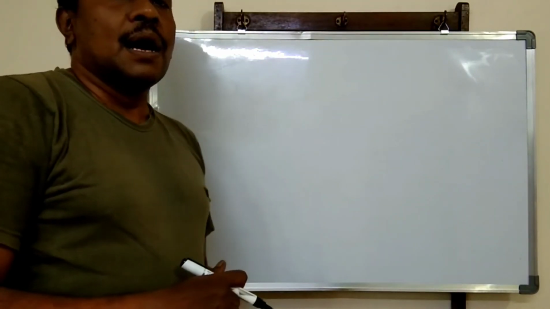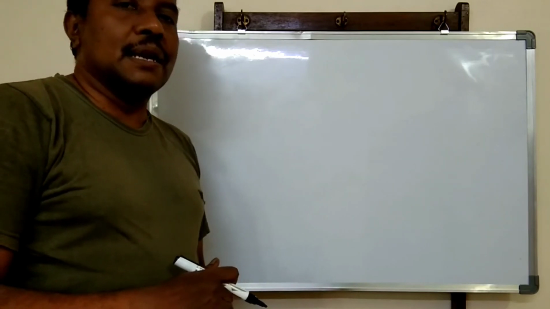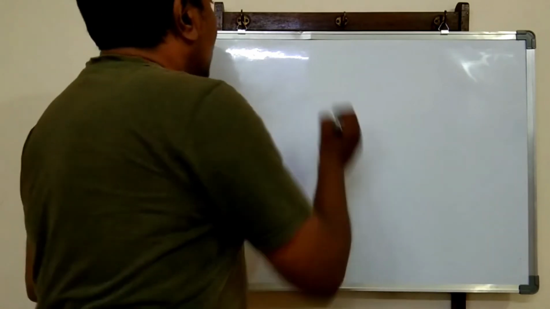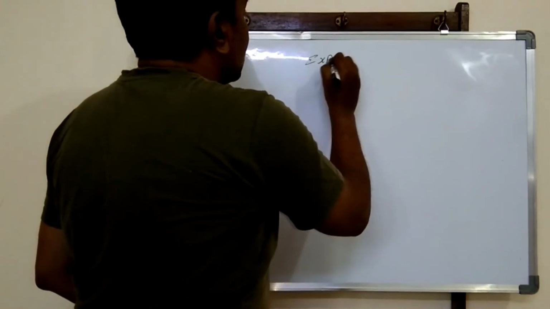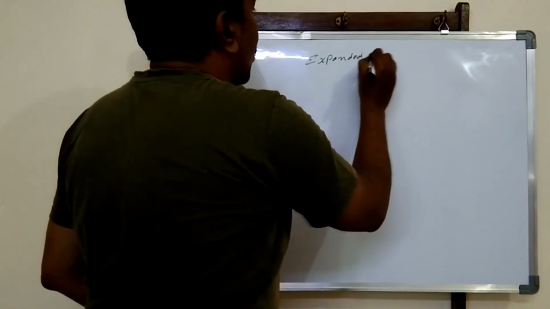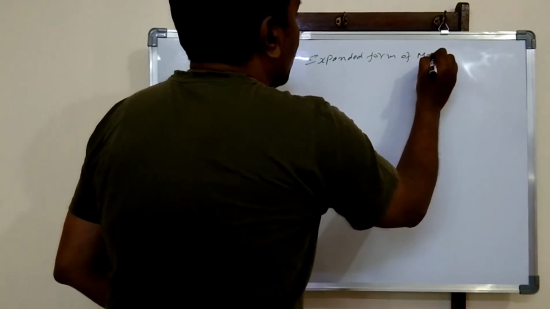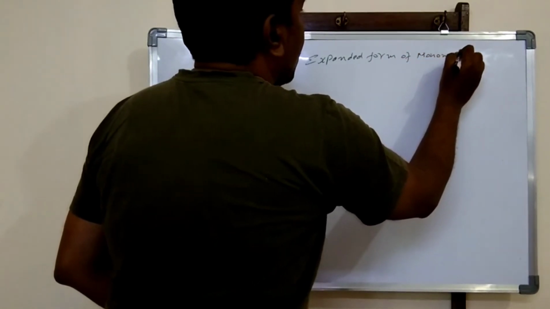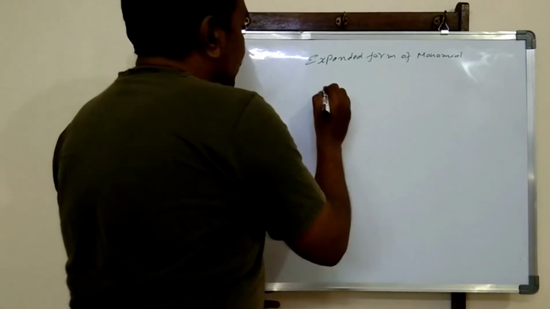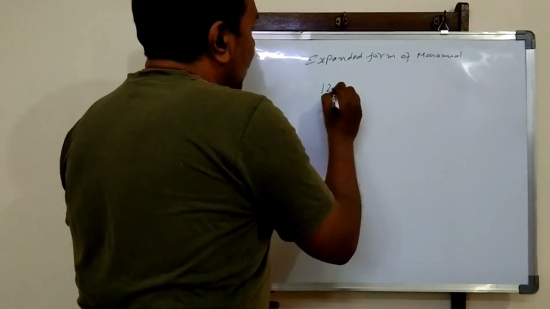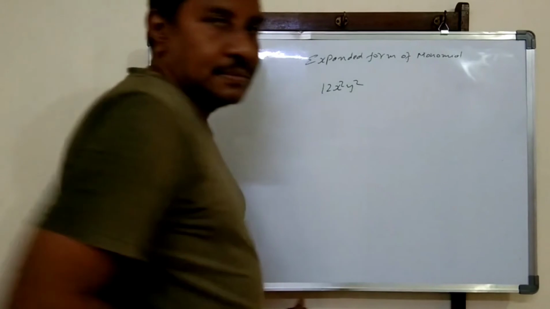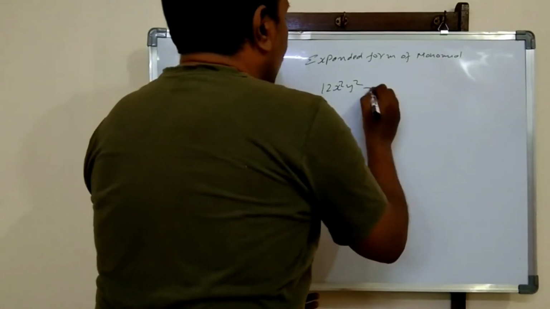Next, how to write a monomial in expanded form. Expanded form of monomial. Take 12x square y square. How to write this in expanded form?